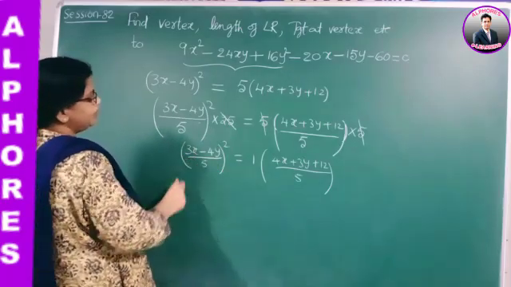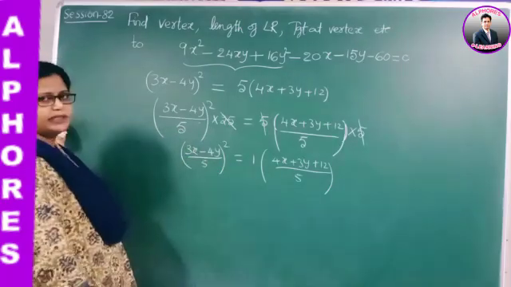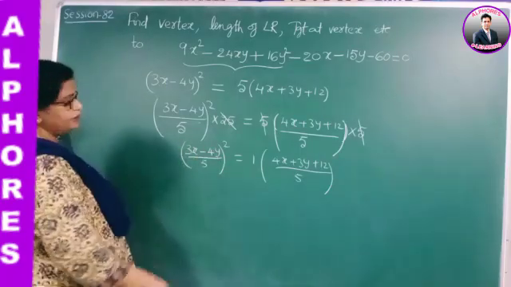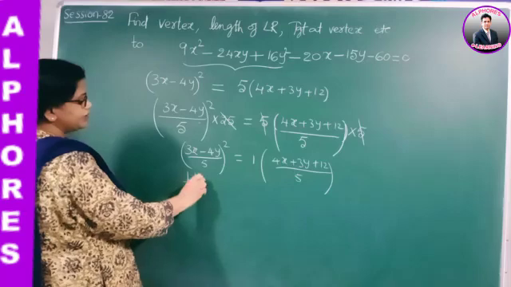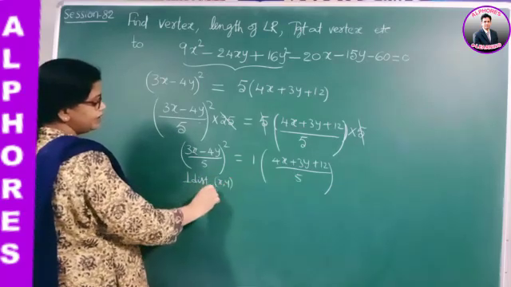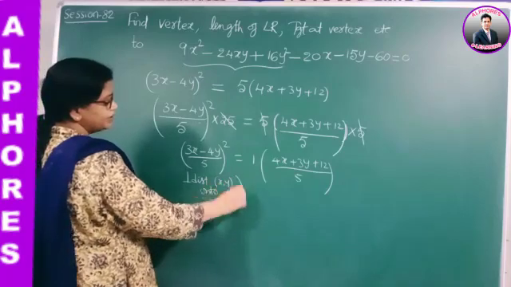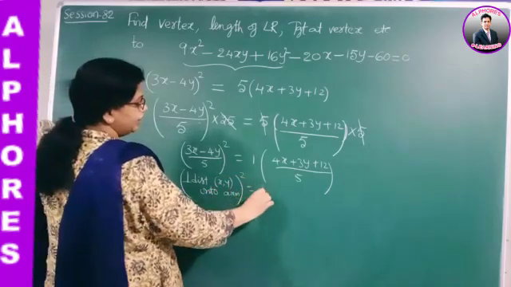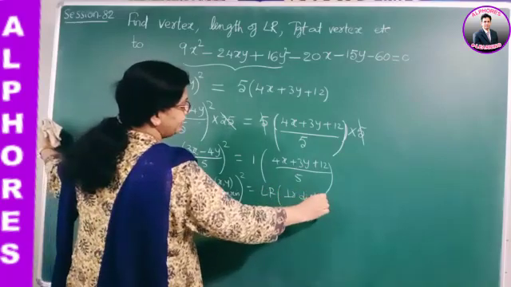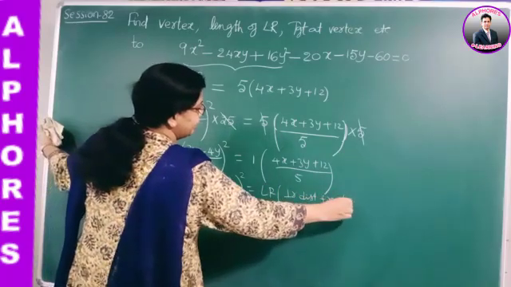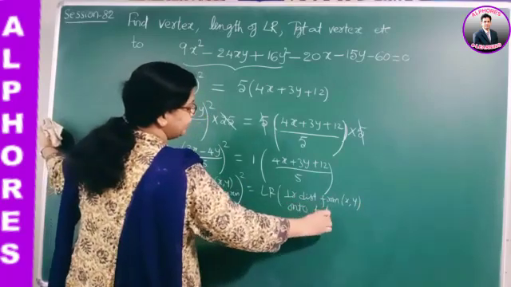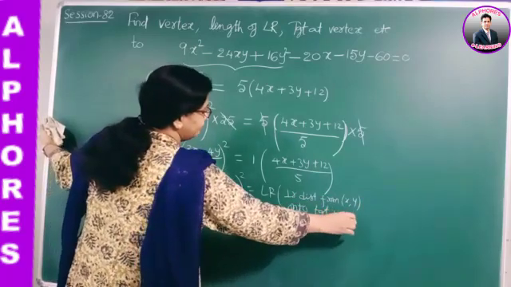Now this is actually the perpendicular distance from any point (x, y) onto the axis. Perpendicular distance from any point (x, y) onto which one here? Axis whole square equals latus rectum into the perpendicular distance from (x, y) onto which one? Actually it is the tangent at vertex. Okay students, so till here we got all values.